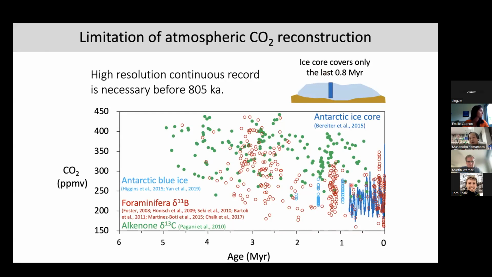This blue zigzag line indicates the ice core record showing glacial interglacial cycle. I hear that you are now extending the continuous ice core records in all directions. Hopefully, we'll see the results. But at this moment, we have to use different archives and methods before 800,000 years ago.